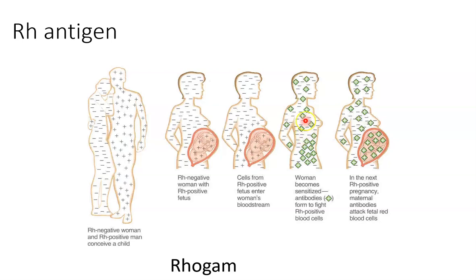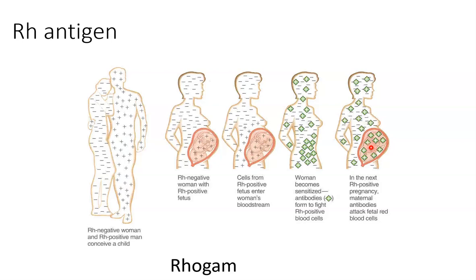But if this woman who's Rh negative and now has Rh antibodies gets pregnant again, chances are that child is going to be Rh positive. But now there's a difference. These antibodies are much smaller than blood cells. So the antibodies from the mother can diffuse into the child, and they will be able to grab on to the red blood cells.